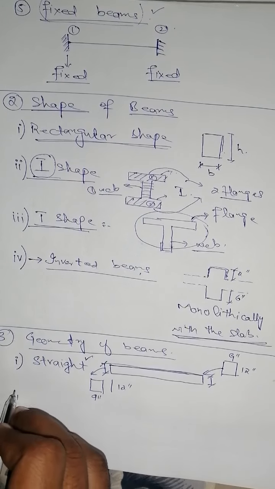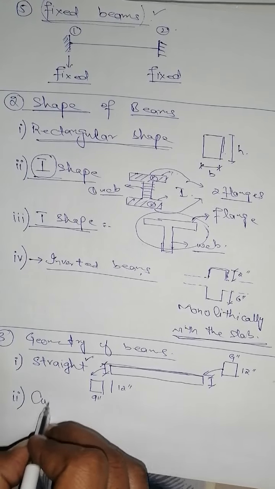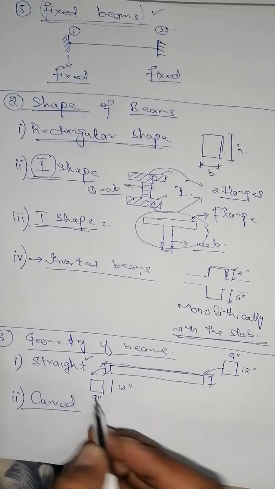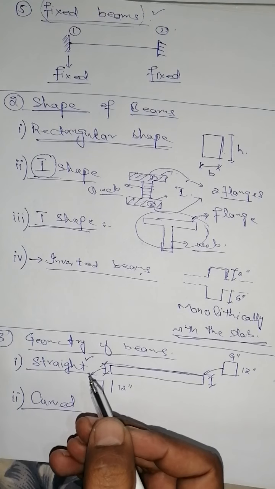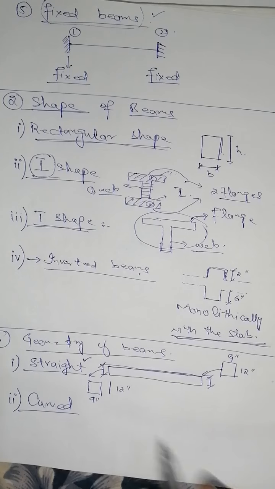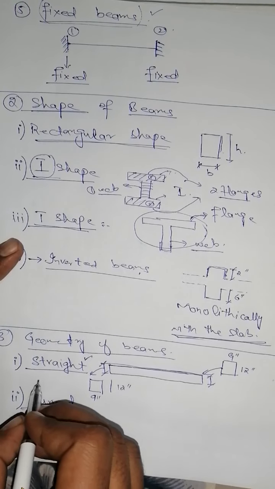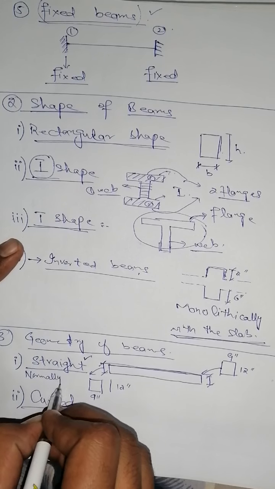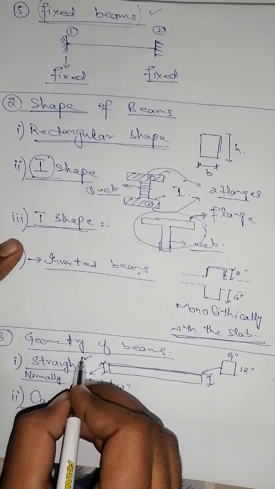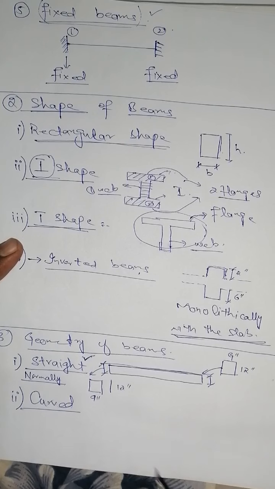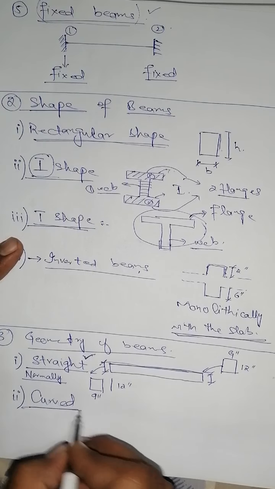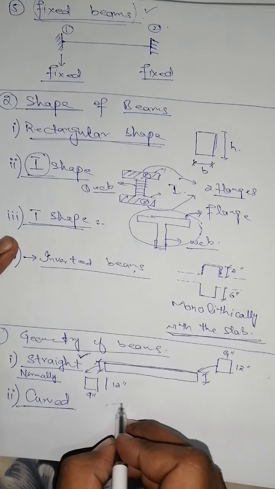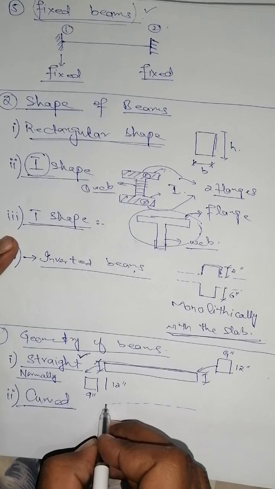So second shape of a beam is curved beam. In most normally built structures, straight beams are used, and for curved beams, we can have an idea from this.